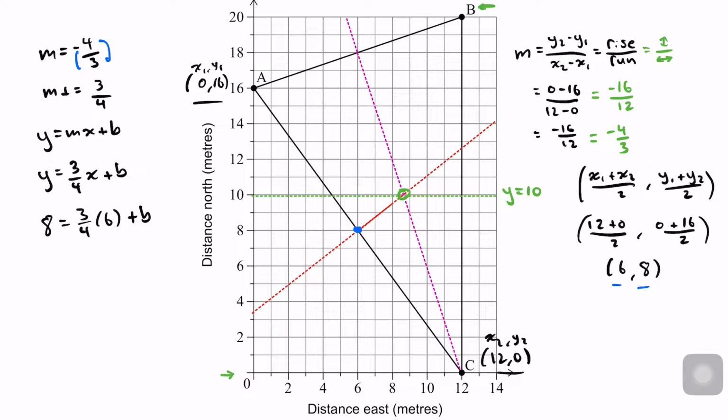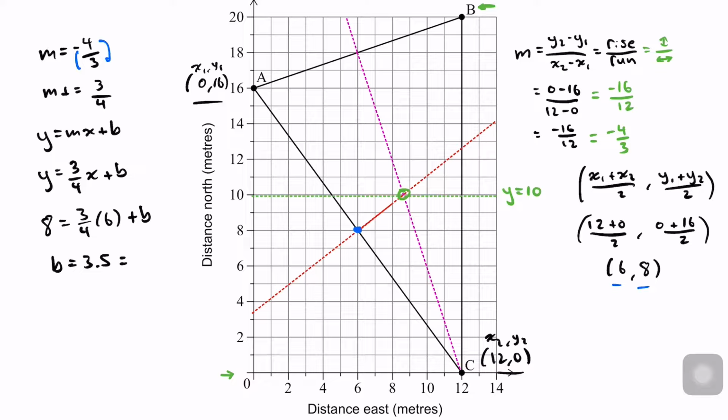We can actually work this out using a calculator, or we can solve this, to be honest. I'm going to do a little algebra here. 3/4 times 6, and then we'll take 8 minus that value, and this will be b is equal to 3.5.